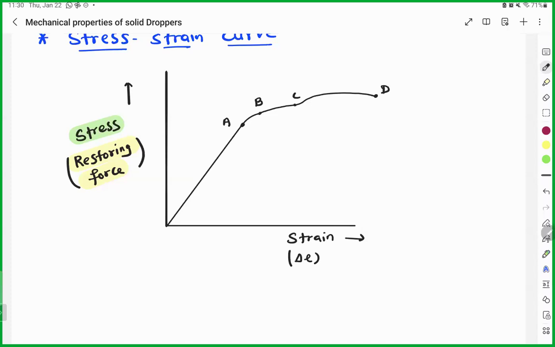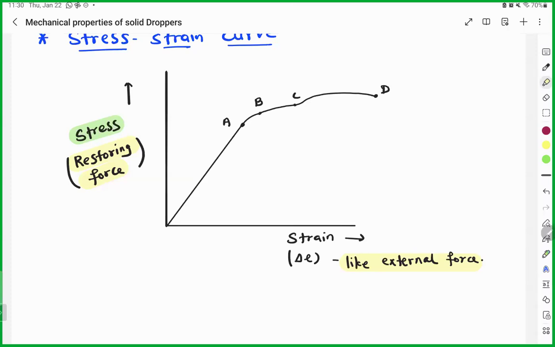After this, if you increase the external force, because only due to this external force can you increase the length, the curve will become flat, like a spring, and it will not come back to the original position.